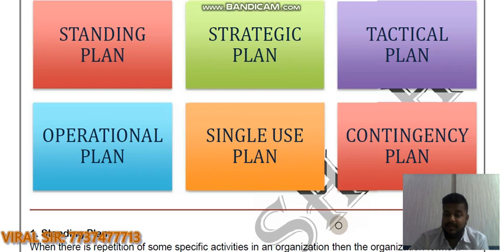Okay, these are the six types of plan. Except the process, we can change the sequences. No worries with the sequences of plan. Only in the process we need to take care that the sequence shouldn't be changed.